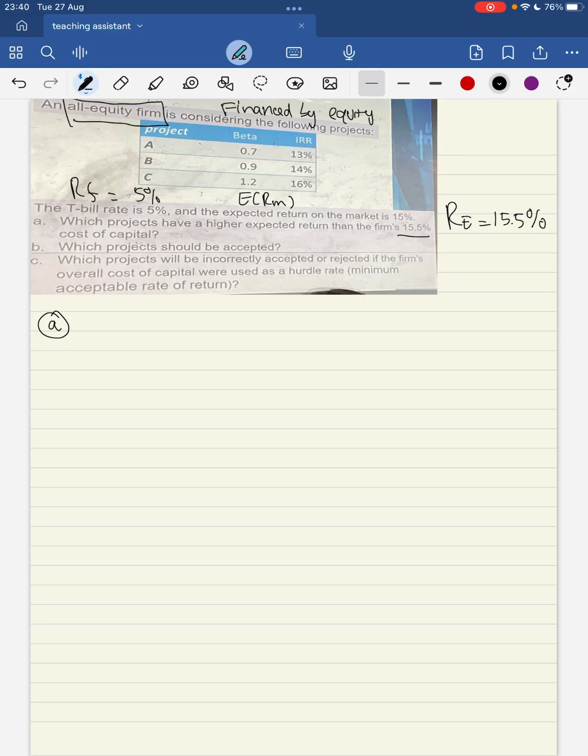So in this company, they don't have debt, they don't have preferred stock, they only have equity. And this indicates that the cost of capital, the WACC, will be equal to the cost of equity. Right? Because this company is only made up of equity. So the cost of equity should be equal to the cost of capital.